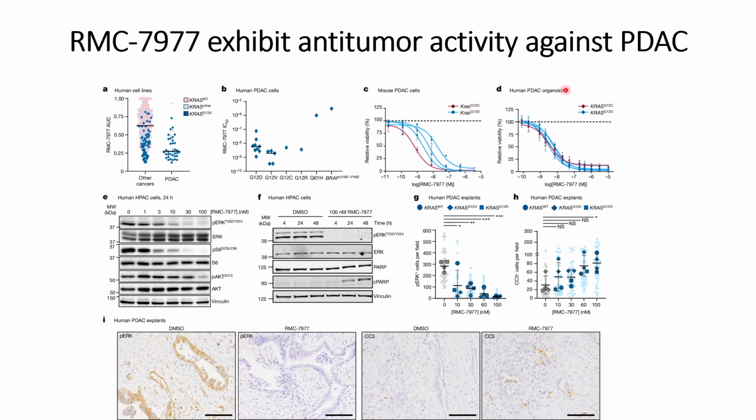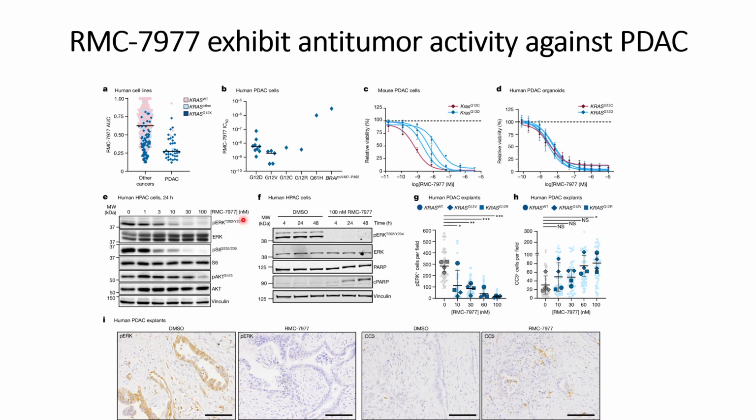And when they checked the human PDAC organoids, they found that for both conditions the sensitivity is almost similar. The viability of these PDAC organoids is almost similar for both kinds of mutations.